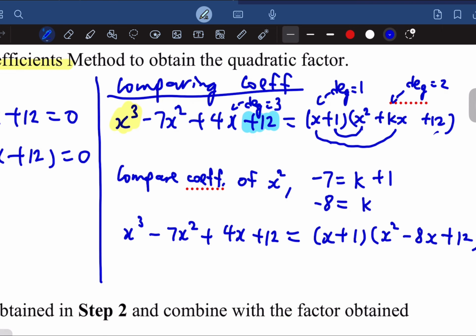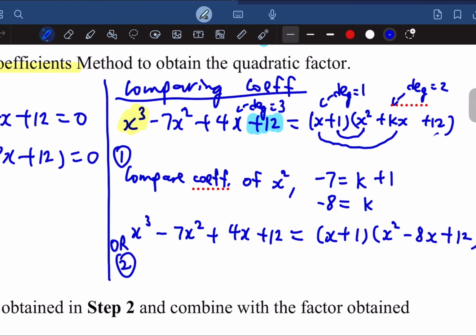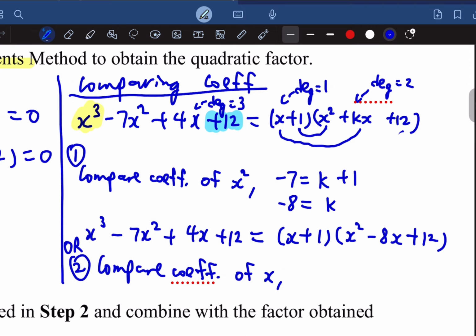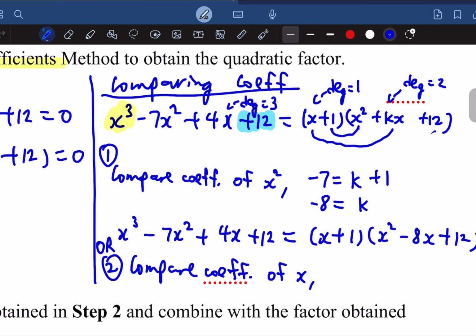You can either use this or the other one. If you don't like to compare x squared, you can compare x. So compare coefficient of x. Take note, we only need to compare one, don't need to compare both. I'm showing you an alternative method. So over here, I compare coefficient of x. The coefficient of x on the left hand side is 4.